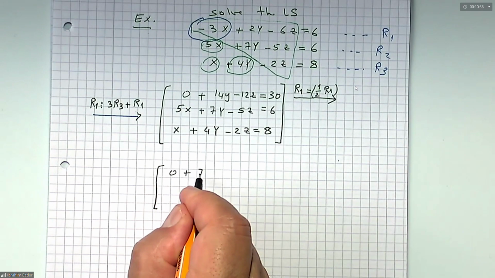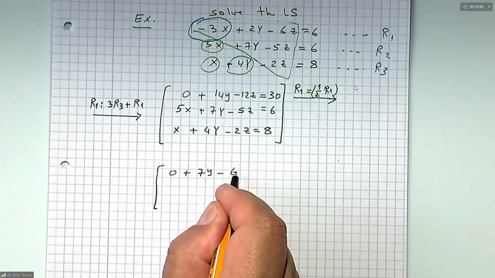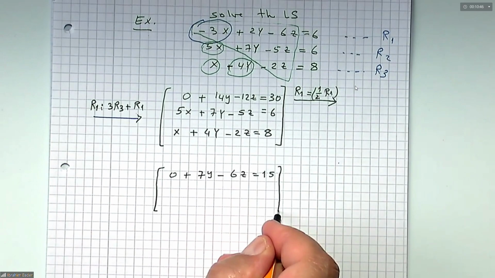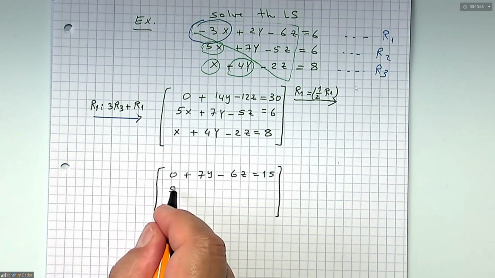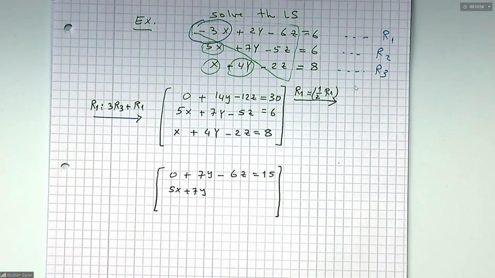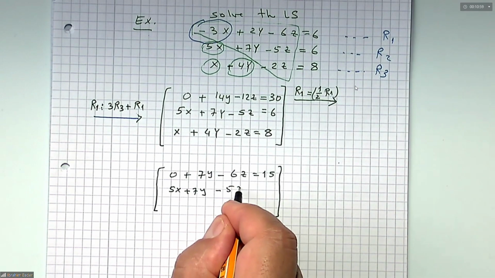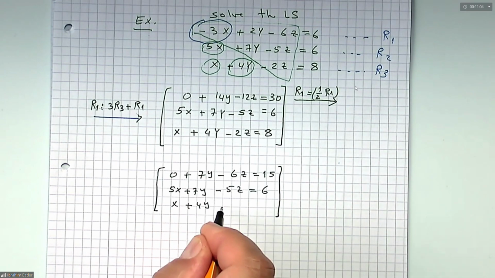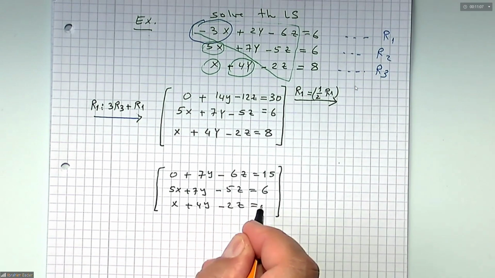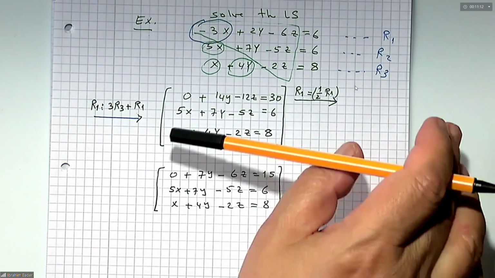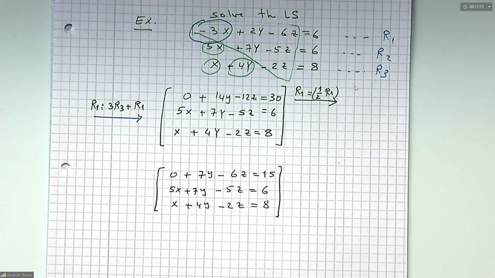So here I get 7y, minus 6z, and here I get 15. The other rows remain the same. And then I have here minus 5z, this is equal to 6. Here I have x plus 4y minus 2z equals 8. So this step is just dividing the first row by 2, or multiplying by 1/2.